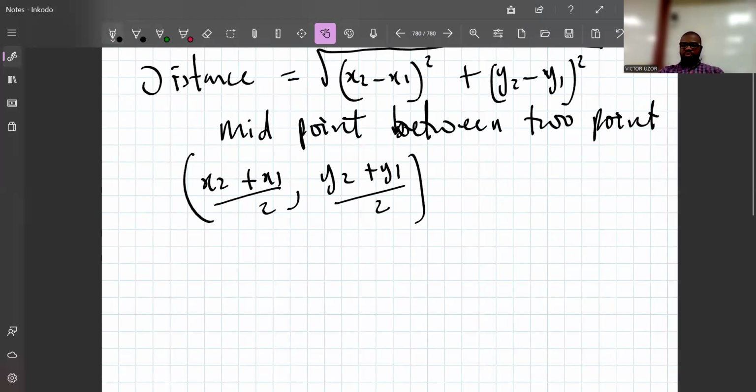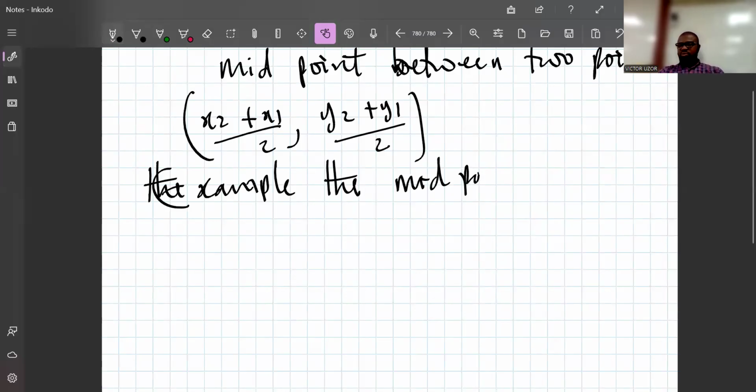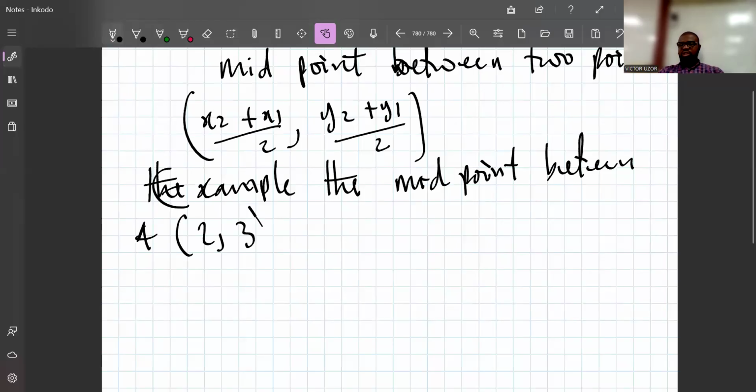For example, the midpoint between A, which is 2, comma 3, and B, which is 4, comma 7.